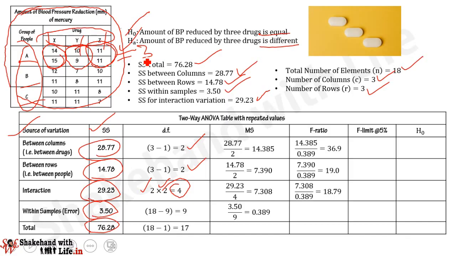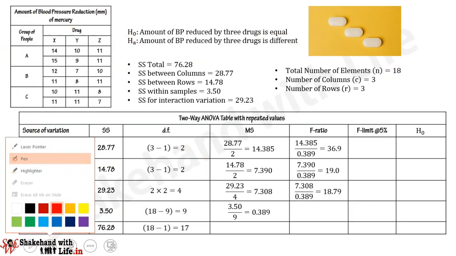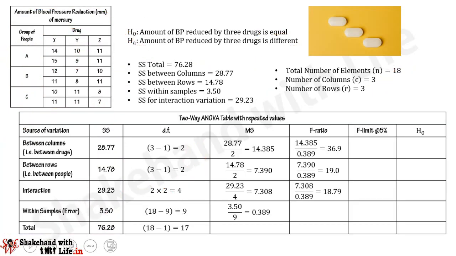So we have a total of 3 means for this row, for group of people A. Similarly we have 3 means for group of people B. Let me make it clear to you. We have a mean for these 2 values, a mean for these 2 values, and one mean for these 2 values.